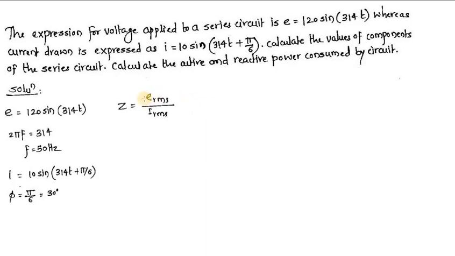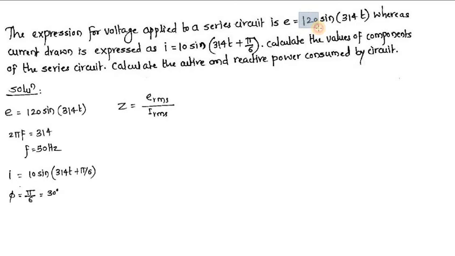Now we will find out Z so that we can find out the components. To find Z, the usual formula is V upon I, and whenever we write V upon I, V is always the RMS value of voltage and I is always the RMS value of current. So here we have specifically written E RMS upon I RMS, but these have not been given directly but can be found very easily.